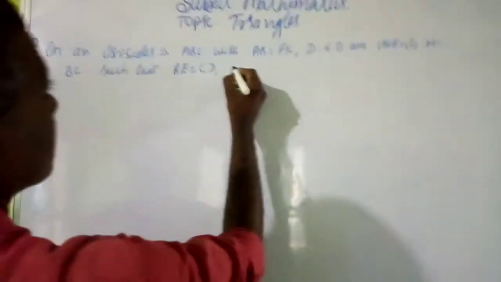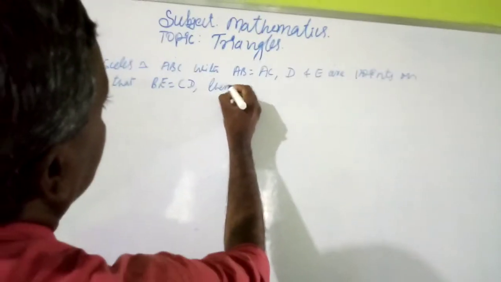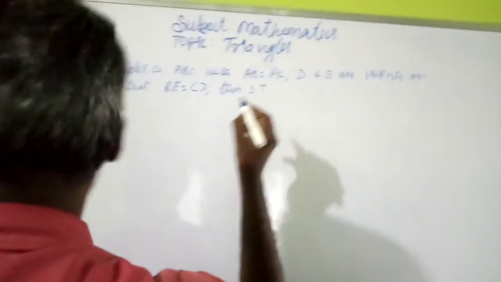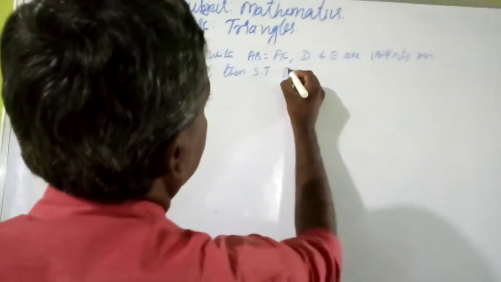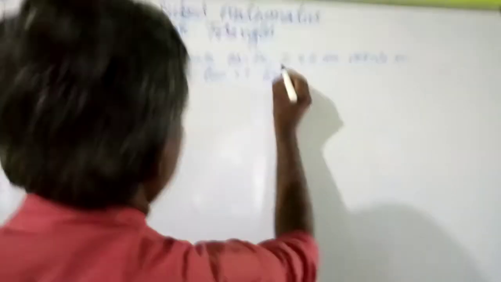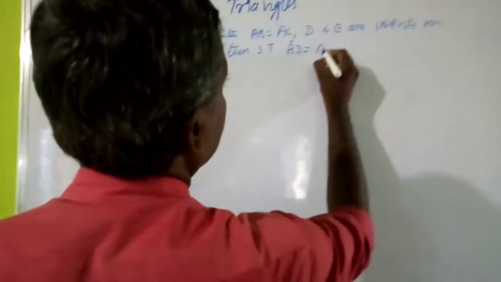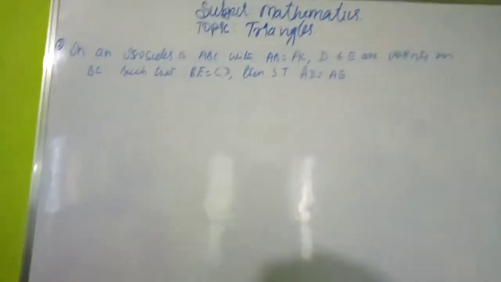Then show that AD is equal to side AE. Okay students, so this is your problem.